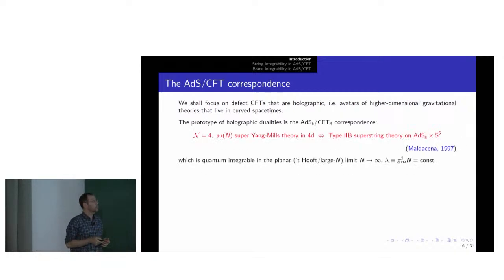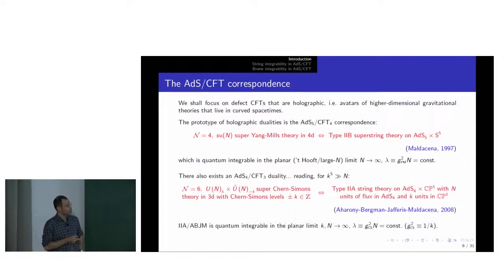And the prime examples, of course, are the holographic dualities which I'm going to be deforming by means of D-branes on the string theory side and codimension one walls on the dual theory side. First is the AdS/CFT correspondence, which is of course known to be quantum integrable in the planar limit. And secondly, also the ABJM duality in the version that involves string theory on AdS4 cross CP3, which is again quantum integrable in the planar limit.